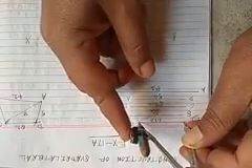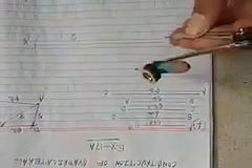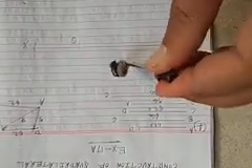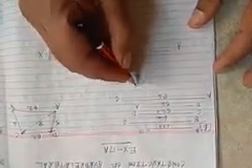Taking A as a center, draw this arc, and with the measurement of CB, taking C as a center, draw this arc. So this is the point B.